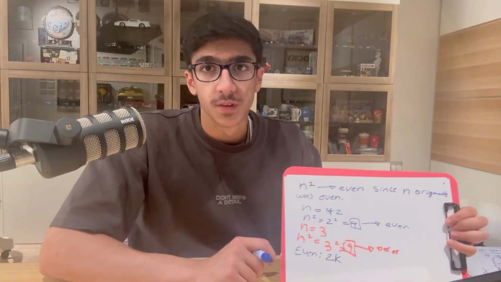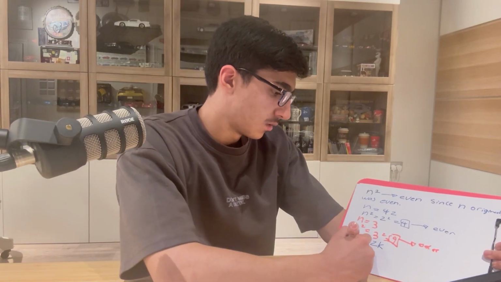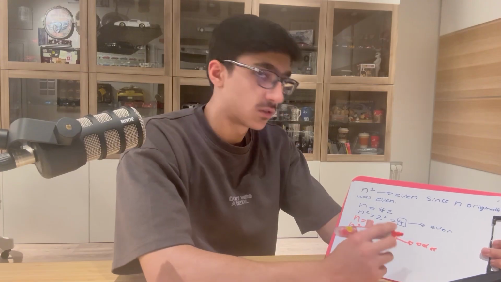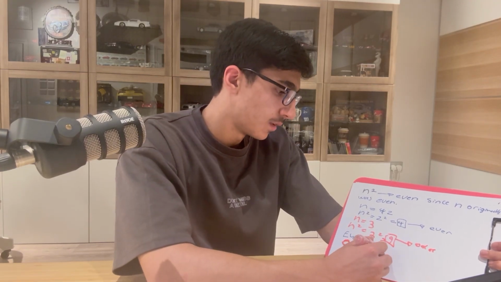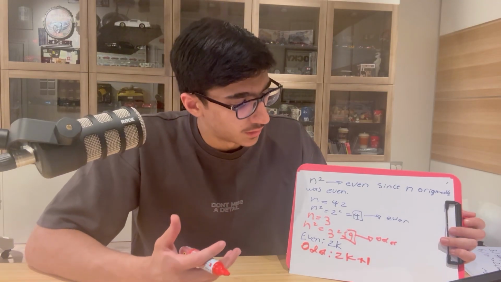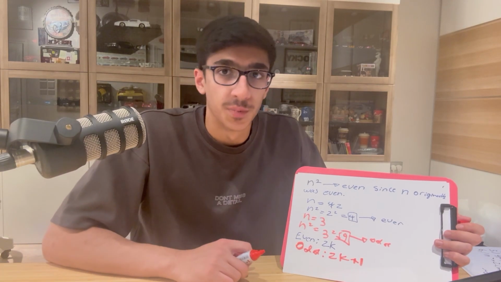But if it's odd, then it's going to be 2k plus 1. So this is just a quick reminder of what even and odd numbers are.